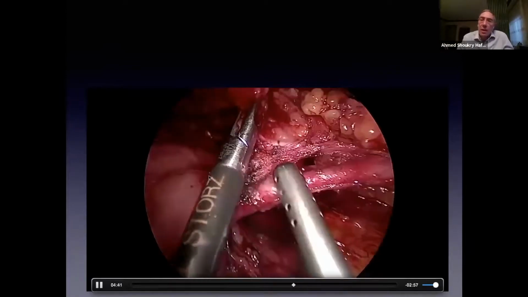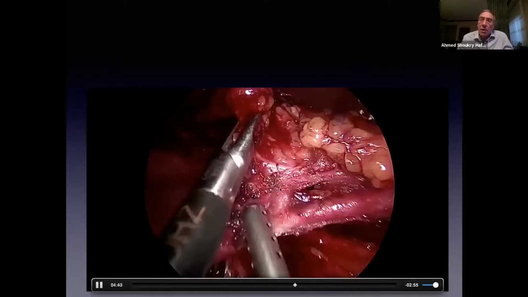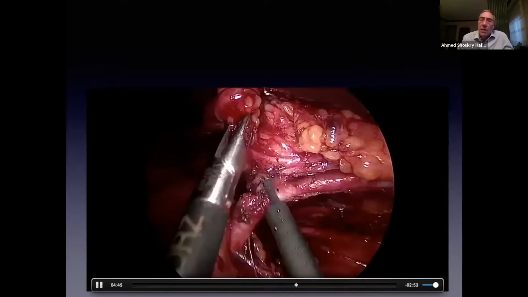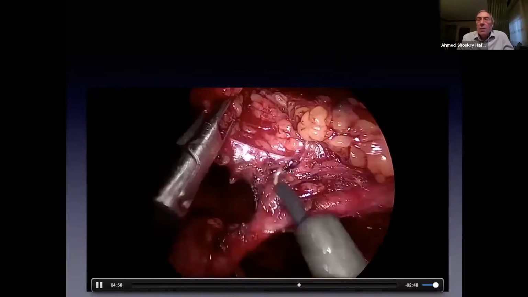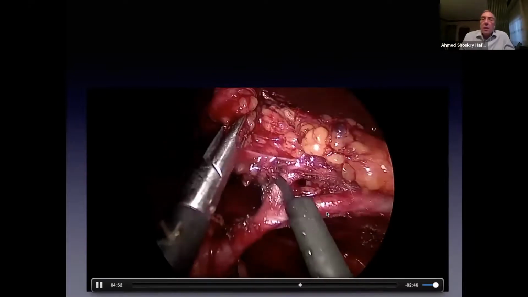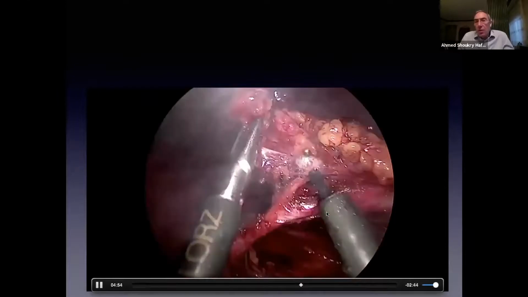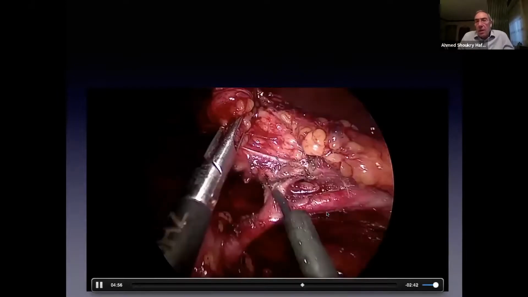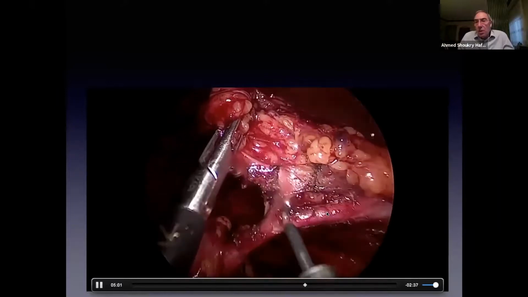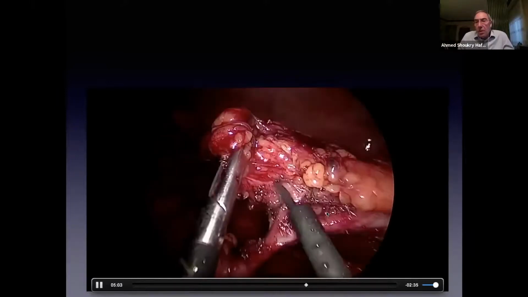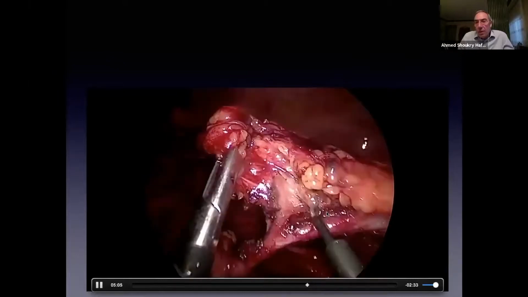And you see here, this is the origin of the left colic off the inferior mesenteric artery. Now we are completing the lymph nodal dissection around the vessel, clearing the left colic branch completely and preserving it as well.